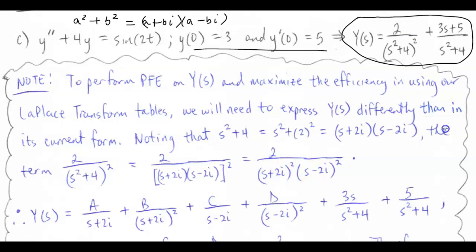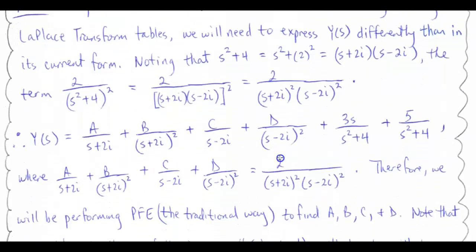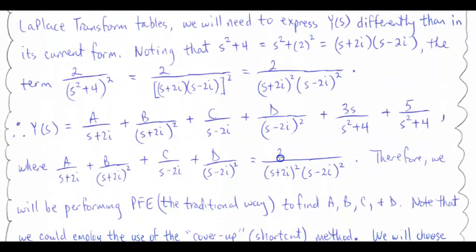So in seeing that, we know that this s squared plus 4, we could keep this way. What we could do is rewrite our Laplace transform to do the whole partial fraction expansion thing in this way.